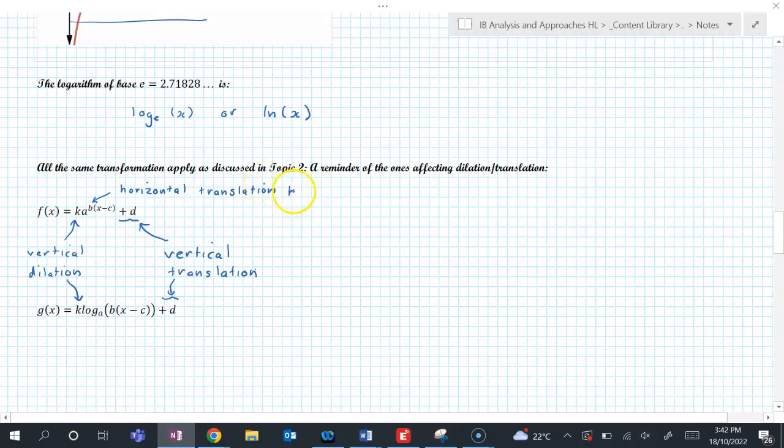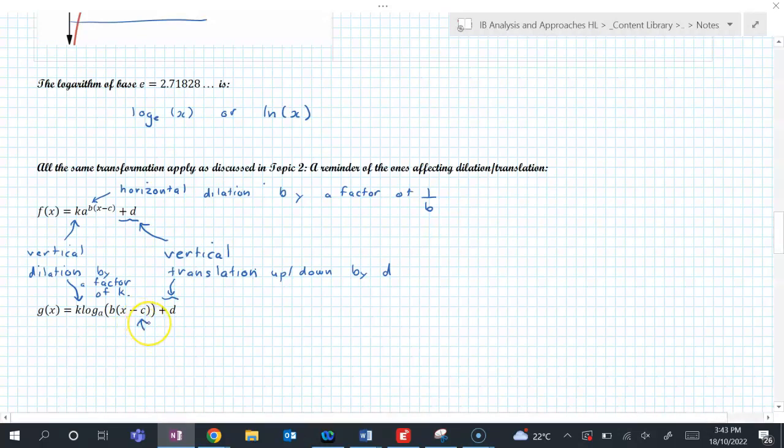So it's horizontal translation by a, that's wrong. It's horizontal dilation by a factor of 1 on B. So vertical translation up or down by D, and vertical dilation by a factor of K. It's very important that when you're describing the transformations that you actually give the factor.